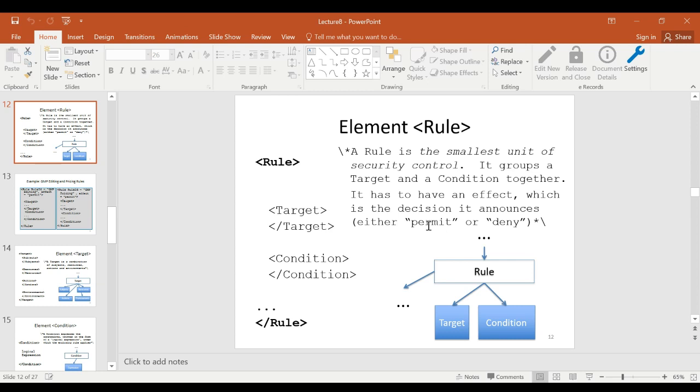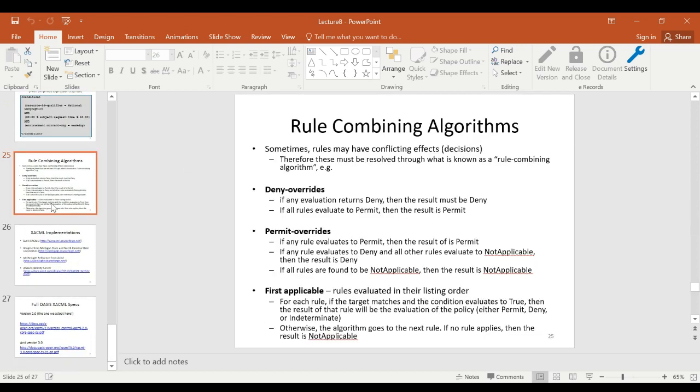So if the rule was applicable, it will have an effect to say either permit this request, or no, don't permit this request because the request is actually a dangerous one and therefore you must deny it. However, because we have multiple rules in a policy, those rules might have a variety of effects. Some of them will say deny, some of them will say permit.